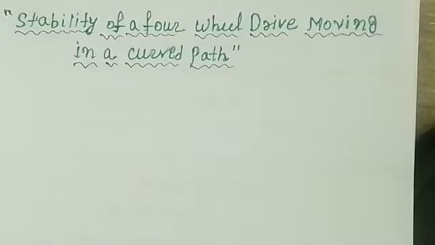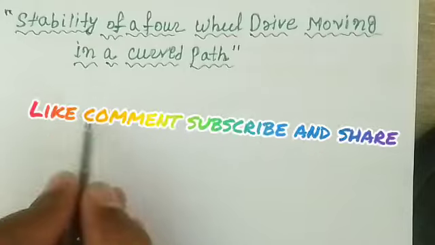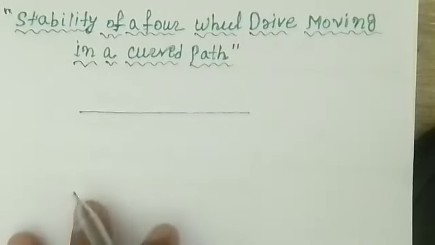First of all, you have to draw a four-wheeler, on which we have to consider the four wheels A, B, C, D. So let's start. Now we are going to draw the schematic layout of a four-wheeler like this.